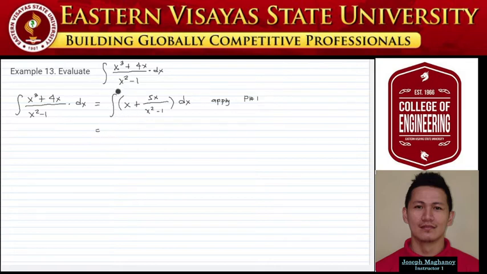So we need to distribute our integral sign on our dx. So as a result, we have the integral of x dx plus the integral of 5x dx over x squared minus 1.